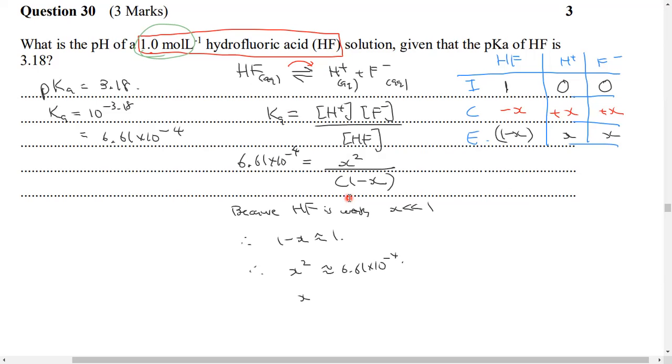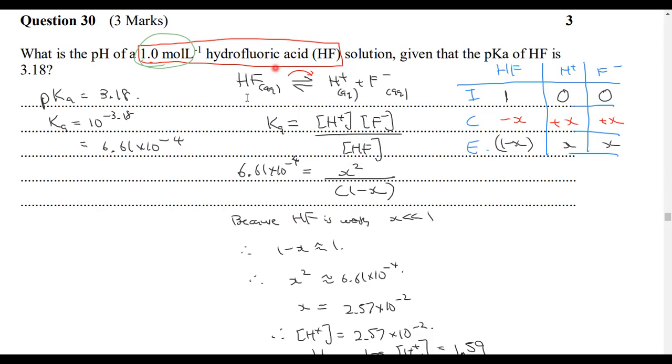So x is, for our intents and purposes, going to be 2.57 times 10 to the negative 2. And importantly for us, that's the concentration of H+. From there, we can get pH quite easily. Just take the negative log base 10 of that. And the answer to that will therefore be 1.59.